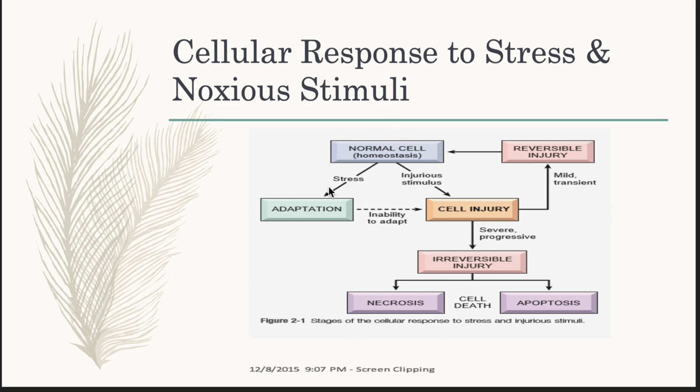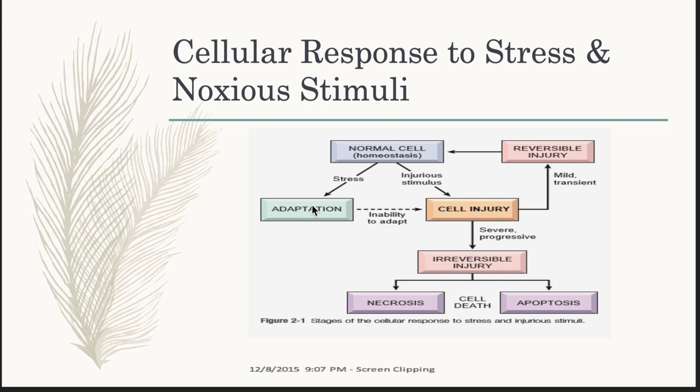So, for the board exam in GenPath, this is one of the tables, the figures that I memorized. So, this is the cellular response to stress and noxious stimuli. So, a normal cell, performing in its homeostasis state, when exposed to stress, can still adapt. Like us humans, how we adapt, God made us able to adapt.